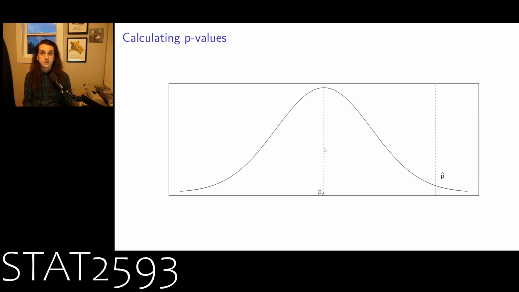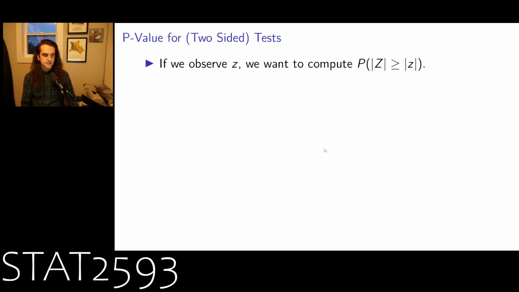We calculate some value for p hat, and we'll assume right now that the p hat is above. Of course, the same thing is going to happen in reverse if it's below. But we can shade in the upper tail area. There's also going to be some negative version of it, which we can shade in on the lower portion there. And the p-value is going to be the sum of those two areas.